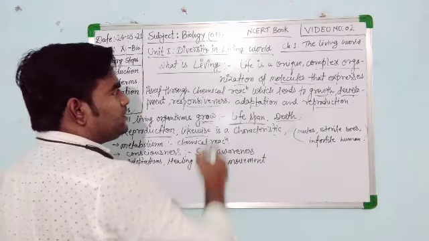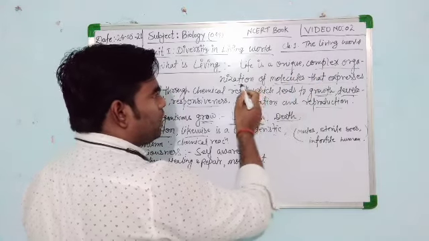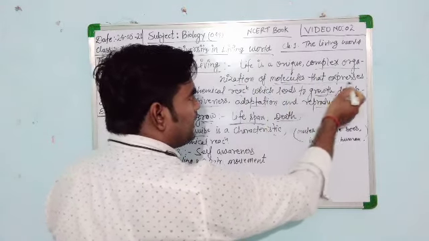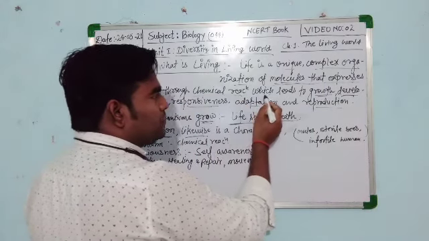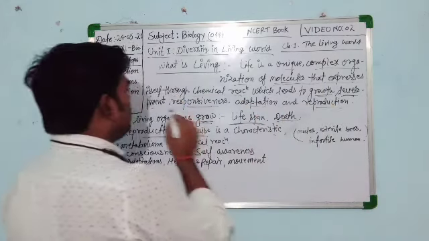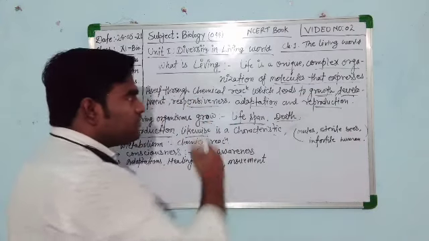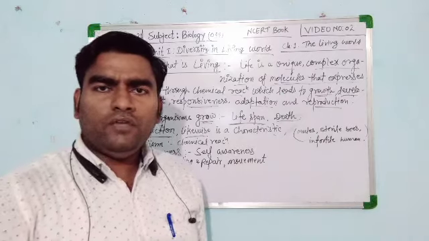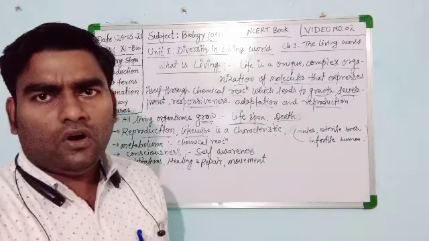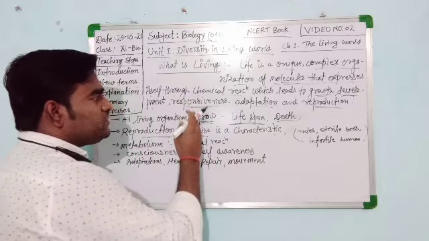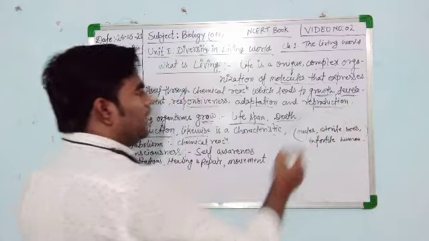The characteristic of living is that life is a unique, complex organization of molecules that expresses itself through chemical reactions, which lead to growth, development, responsiveness, adaptation and reproduction. We can say that living means an organism having life, responsiveness, adaptation, reproduction, growth and development.